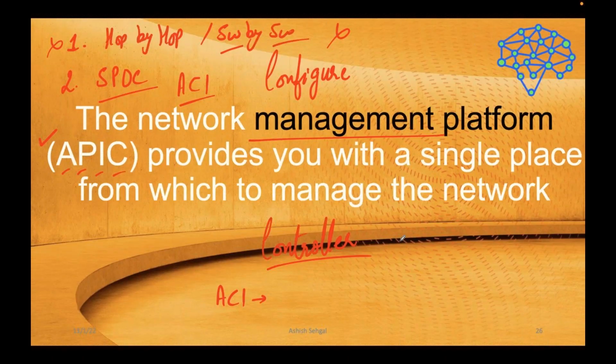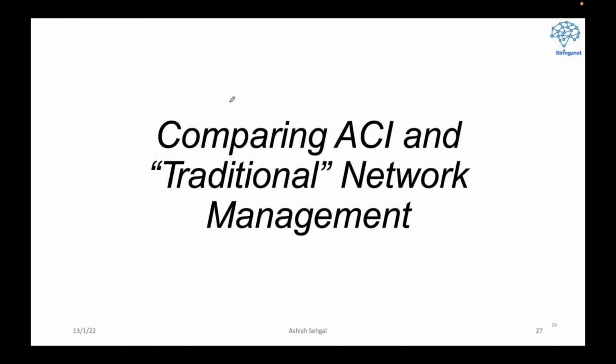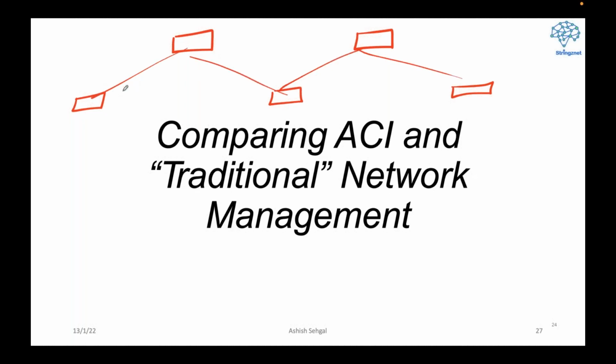Now, let me show you the placement of a controller. For example, we have got two spine switches, and say three leaf switches. To manage this small setup, we have deployed one device, which is our controller.